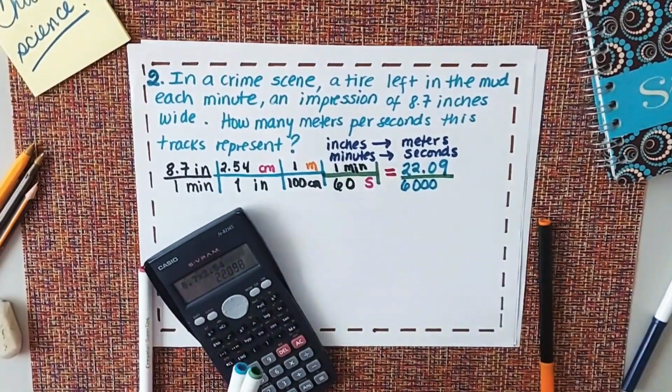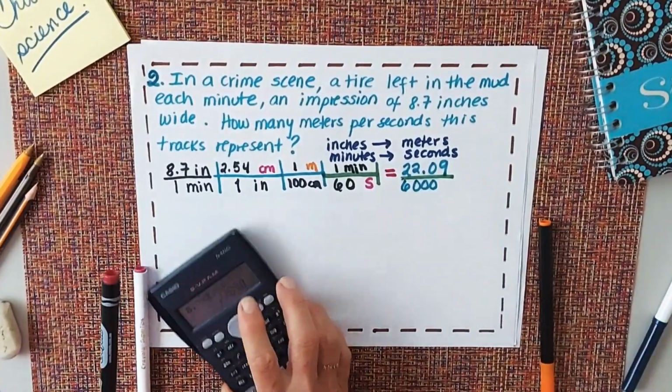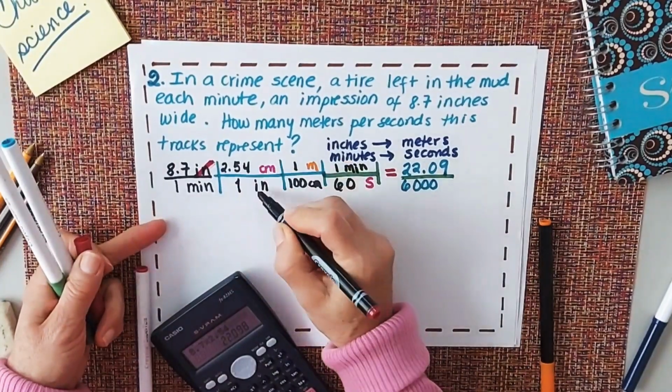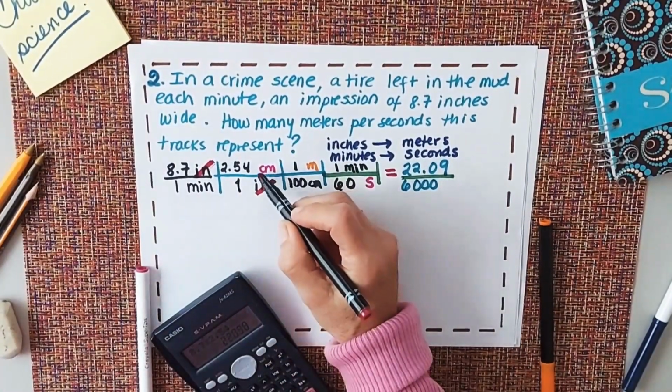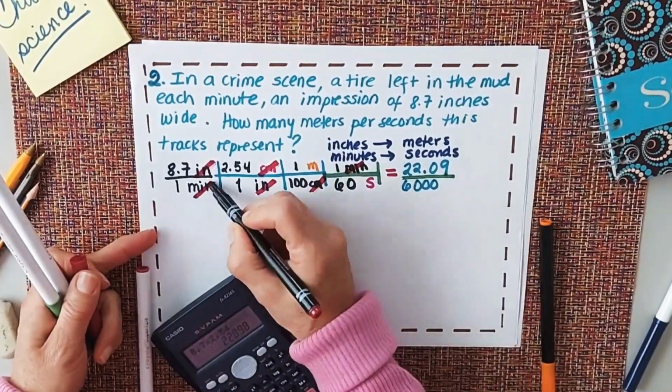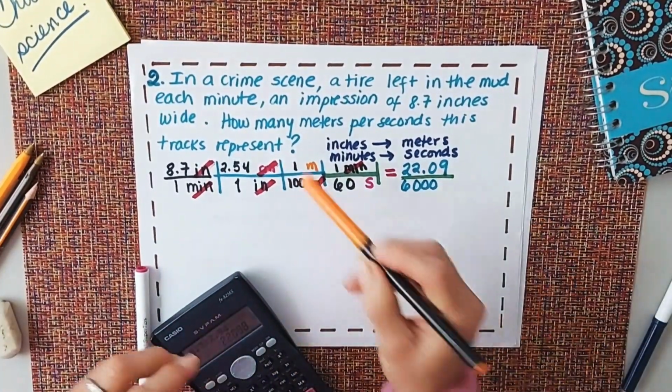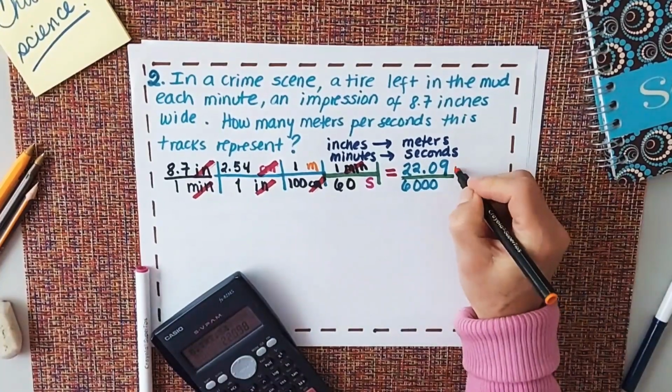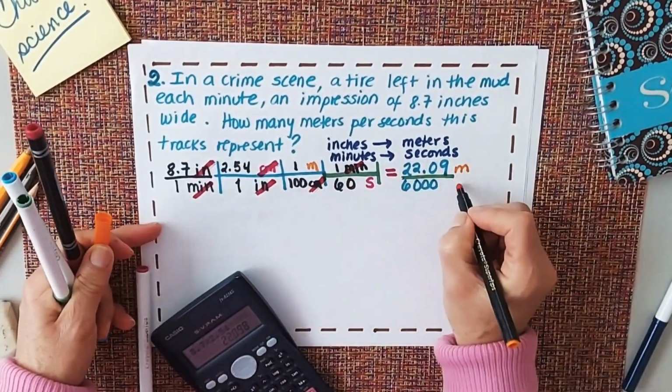Now we are going to cancel the units. Inch with inch. Centimeters with centimeters. Minutes with minutes. And we have only meters here in the top and in the bottom of the fraction, seconds.